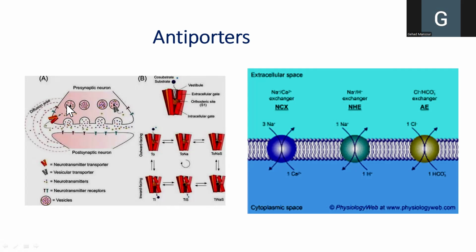So again, these transporters clear the synapse using the sodium gradient. These antiporters use the energy that is released from the passive transport of sodium to pump the neurotransmitter inside the vesicle. I know it's a bit complicated, but it's understandable.